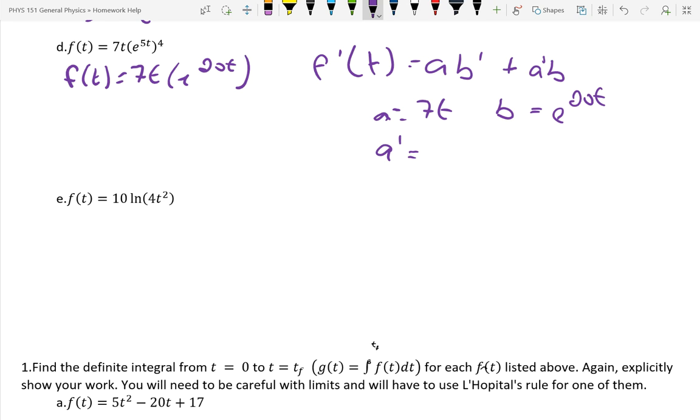And then taking the derivative of A, you get A prime, which is 7, and then the derivative of e to the 20t is 20 e to the 20t. And then you put it together.